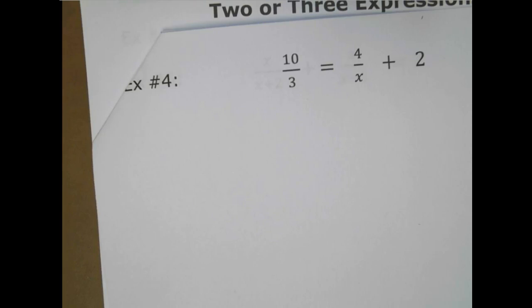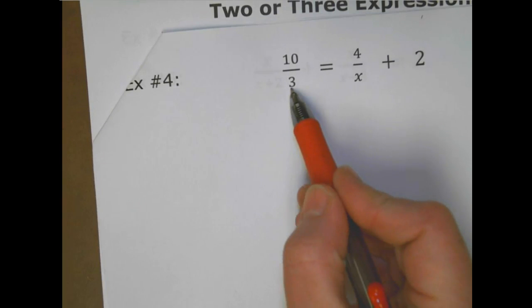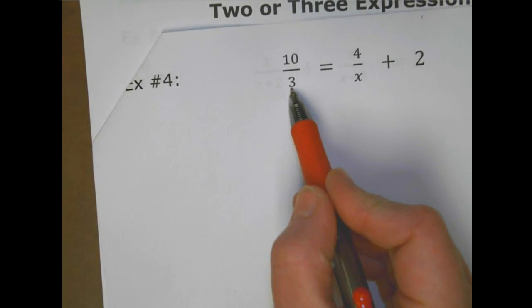We have a fraction equals a fraction plus a number. What do we do? We still need to get rid of the denominators. We still factor, and I need to do my excluded values. This 3, can that denominator ever equal 0?